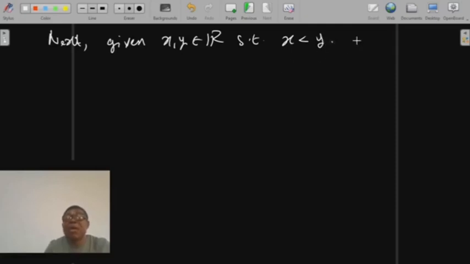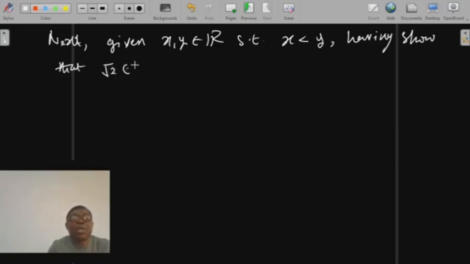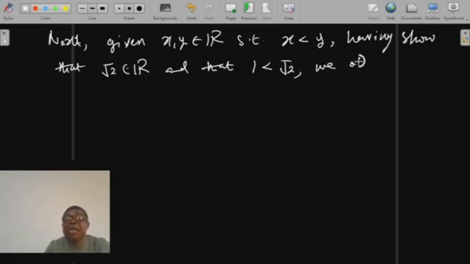Having shown that root 2 is in R and that 1 is less than root 2 from one of the exercises we did above, meaning that root 2 is bigger than 0, we obtain that root 2 is in R.